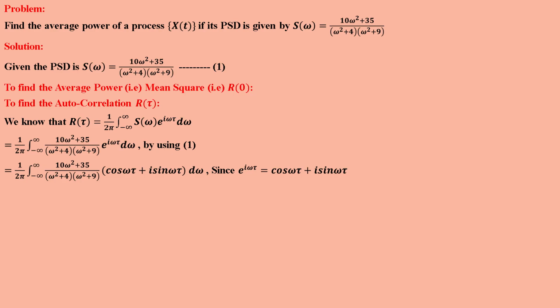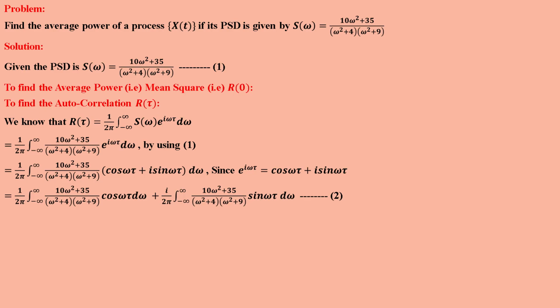That is equal to 1/2π integral from minus infinity to plus infinity of (10ω² + 35) / ((ω² + 4)(ω² + 9)) e^(iωτ), where e^(iωτ) is equal to cos ωτ plus i sin ωτ, by Euler's theorem, dω.